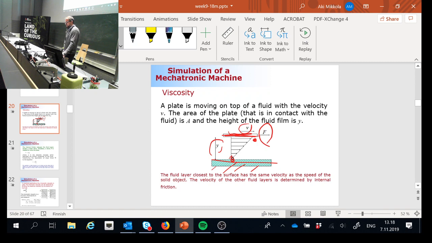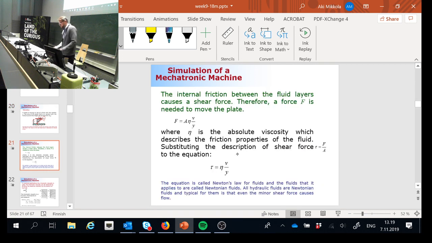How are the velocity profiles between the particles between these two extremes? We can assume that to be linearly distributed. So they're going to follow the profile like it is shown in the figure. That's pretty much how the fluid behaves, and this gives us a definition of viscosity.